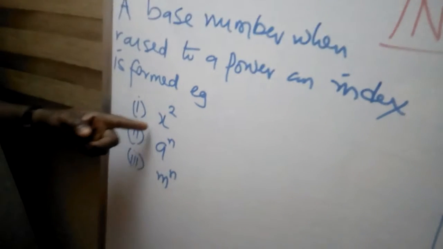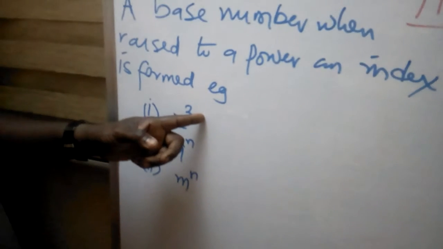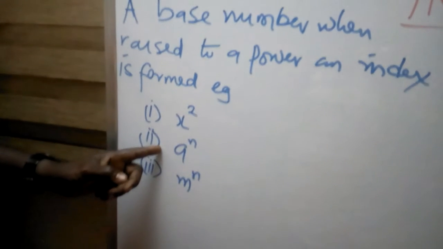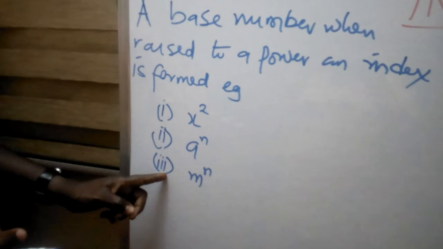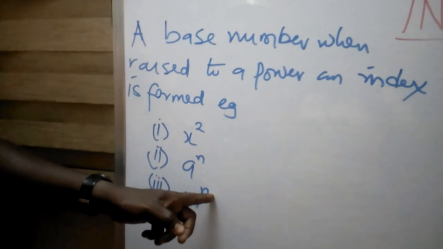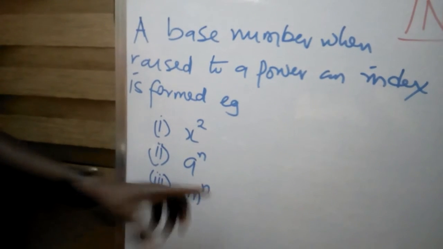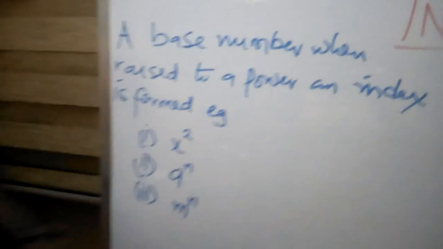E.g., number 1, x raised to the power of 2, an index is 4. 2, a raised to the power of n, an index is 4. 3, m raised to the power of n, an index is 4. And all this from 1 to 3, they are known as indices. Indices is a plural word, a plural form of an index.